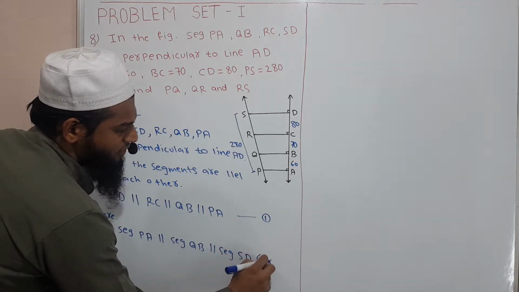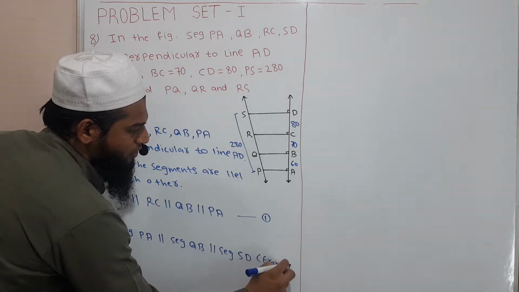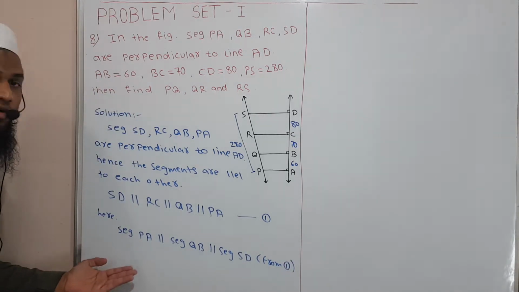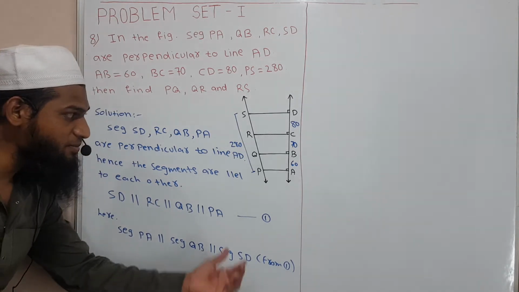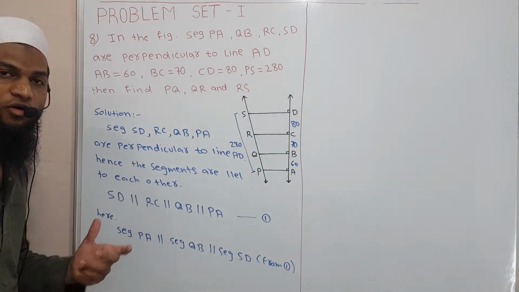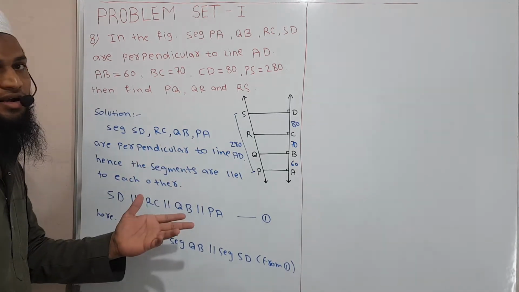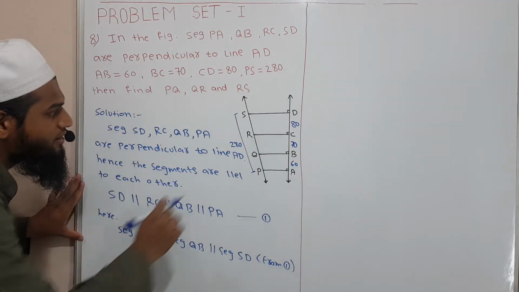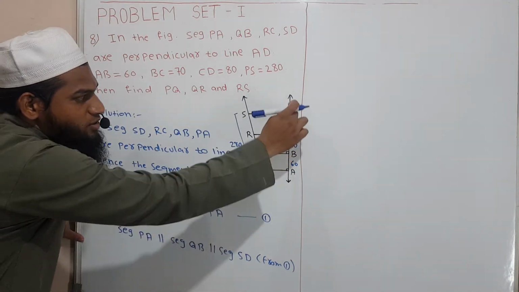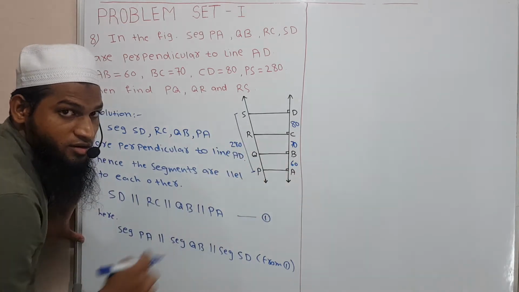Okay, I can say from equation number 1. Okay, then what I can write here, these are the three parallel lines PA, QB and SD. Then by property of three parallel lines, what I can write? Okay, I can write their ratio. Okay, SQ upon QP is equals to BD upon DA.